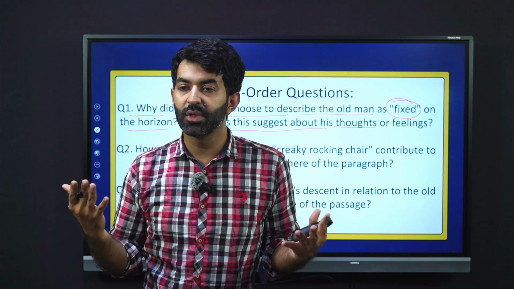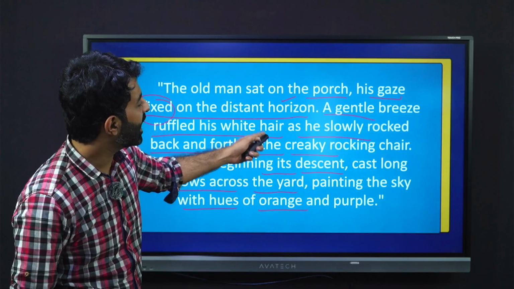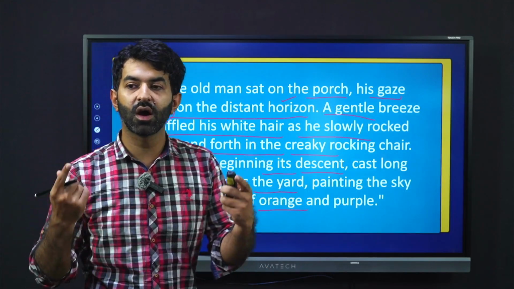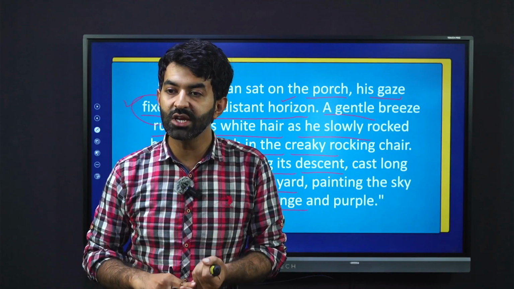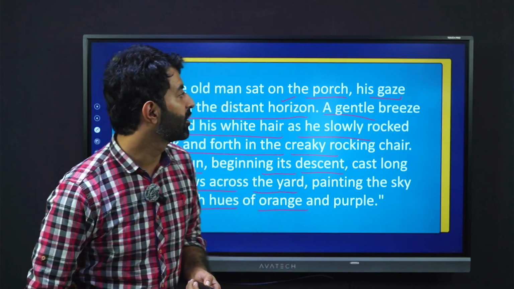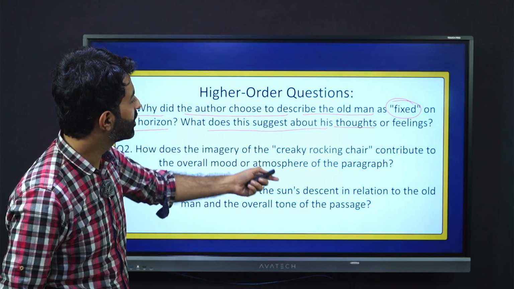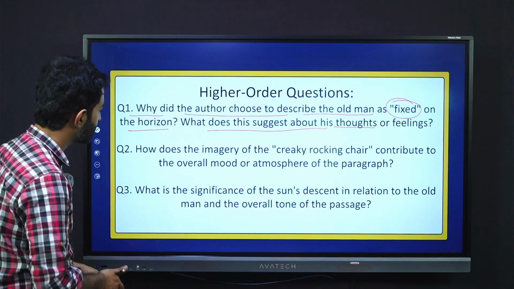So, now see, you cannot find the direct answer over here. We have used our experience, our imagination, and logic to answer this kind of a question. So this is an example of a higher order thinking skills question.